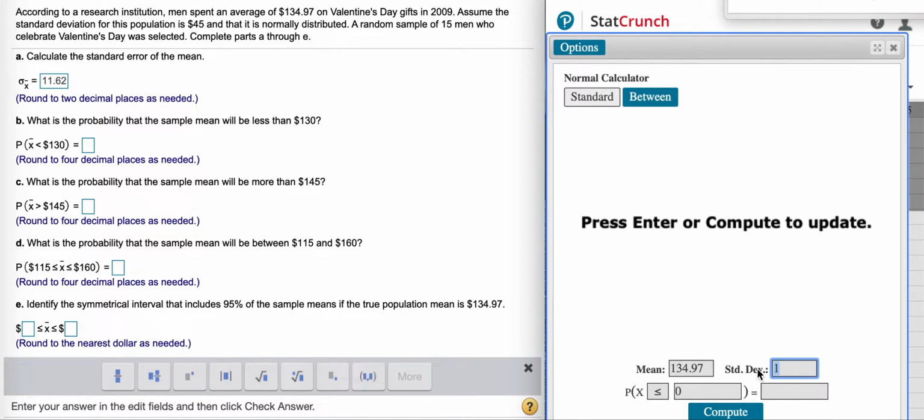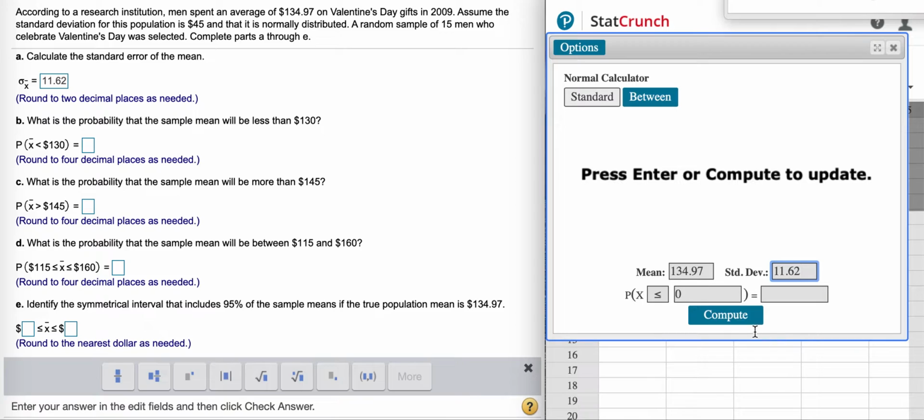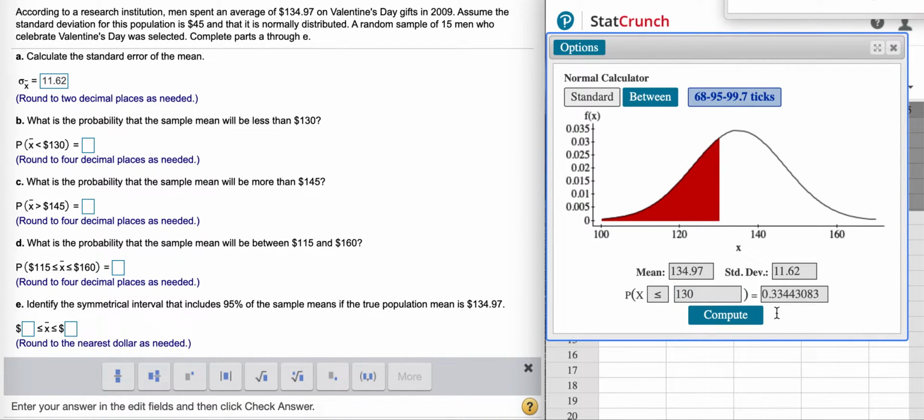Now the standard deviation is the standard deviation of the sample means, which we just calculated to be 11.62. So now we're ready to make some calculations. I'm just going to resize this window a little bit. We're looking for the probability that the sample mean is less than 130. Press compute, and I get, to 4 decimal places, 0.3344.